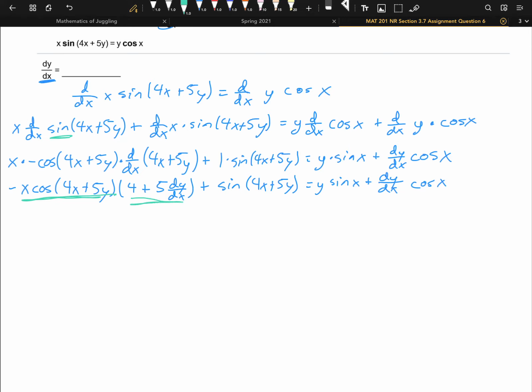So 4 times negative x cosine of 4x plus 5y is negative 4x cosine of 4x plus 5y. And 5 dy/dx times negative x cosine of 4x plus 5y is negative 5x cosine of 4x plus 5y dy/dx, and everything else stays the same.